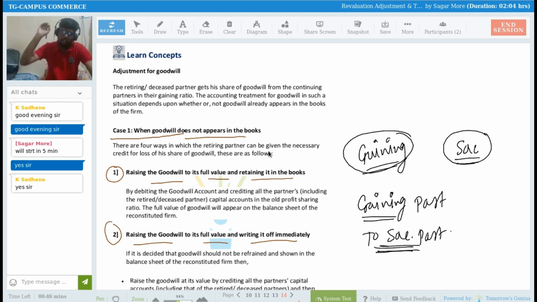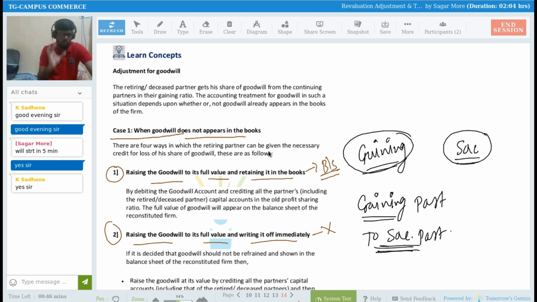Raising goodwill and retaining in the business means goodwill will appear in the balance sheet after retirement of a partner. Raising goodwill and then writing it off immediately means goodwill will not appear in the balance sheet, right?